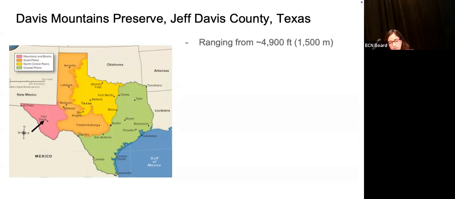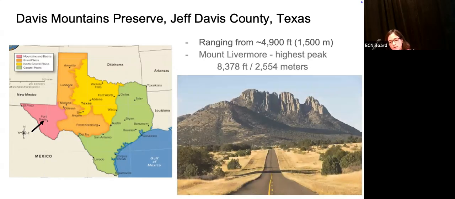So this particular sky island starts about 1,500 meters in elevation, and the highest peak is about 2,500 meters. And as you can see, when you approach the preserve, it's mostly flat landscape, but you get to the preserve and it's just this sky island essentially, where the vegetation is different, and it's a very unique place in the region.